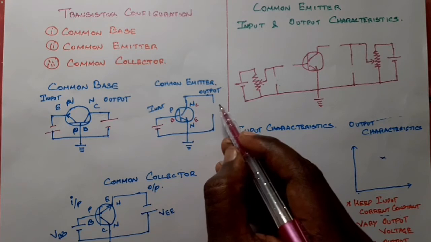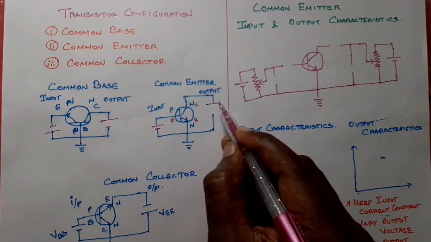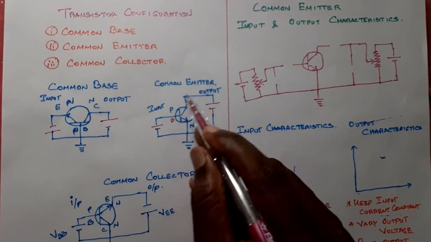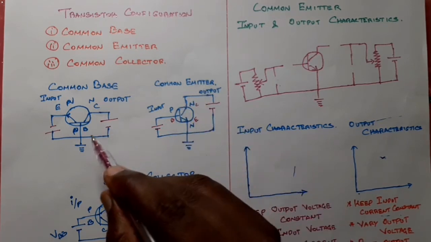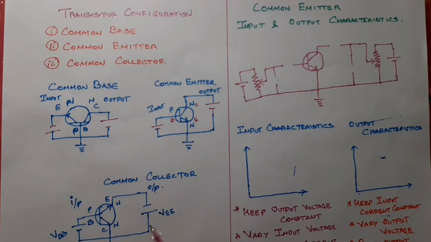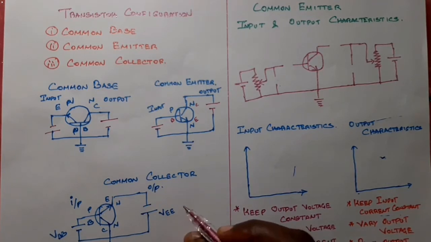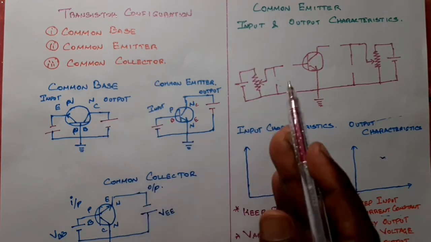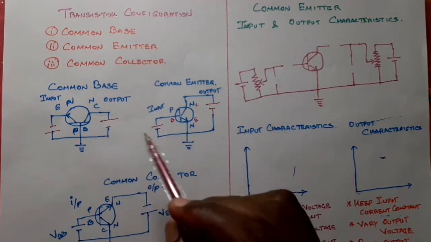Collector is N, so automatically here positive potential. So this is how you have to connect the biasing for common base, common emitter and also common collector configurations.